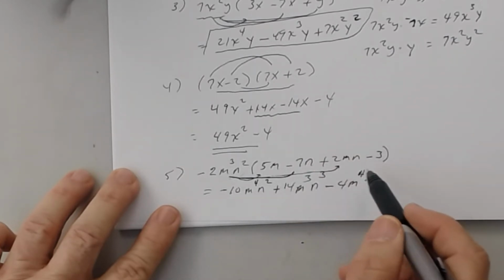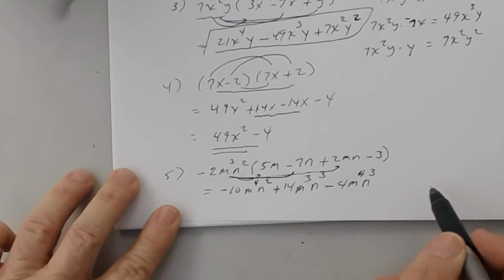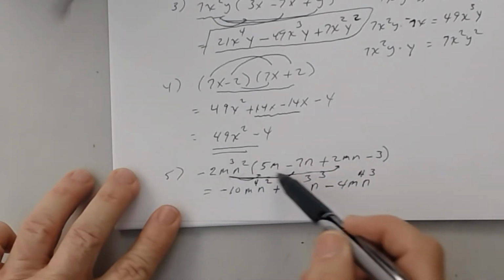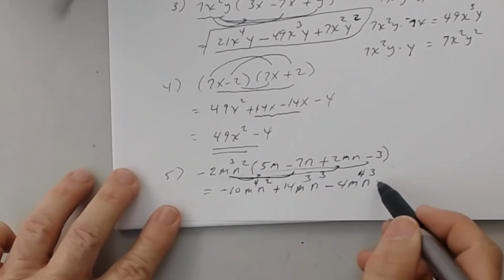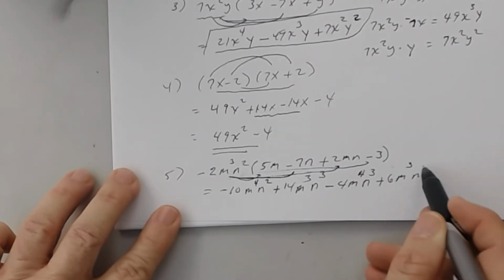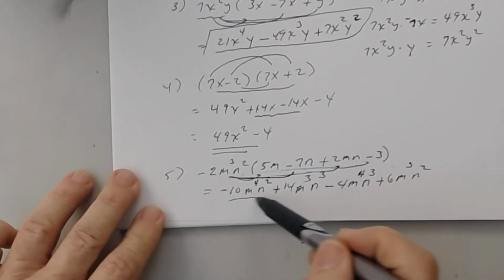You do what to those exponents? You add them, so n cubed. And then finally, what's a negative 2m cubed n squared times a negative 3? Positive 6m cubed n squared. Okay, so that's that.